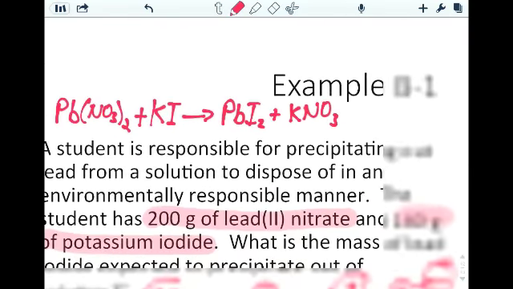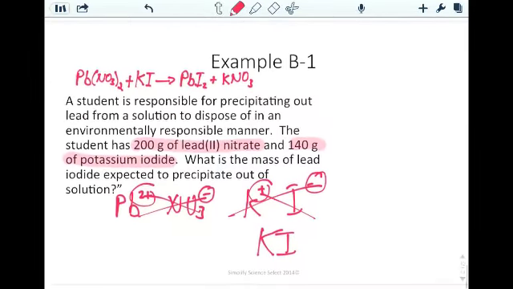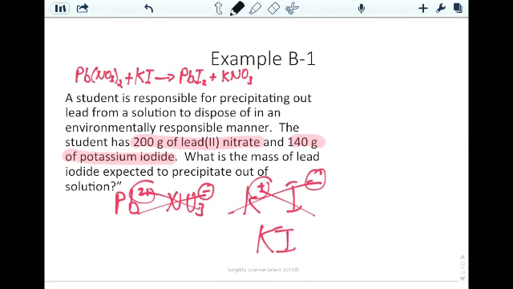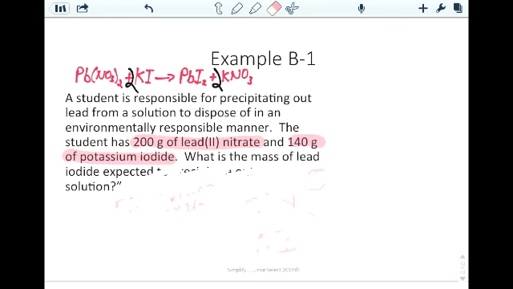So here's our chemical equation. Now all we have to do is balance it. The only thing that's really not balanced are our nitrates and our iodine. So to do that, we need a 2 right here and a 2 right here, and that gives us our nice balanced chemical equation.